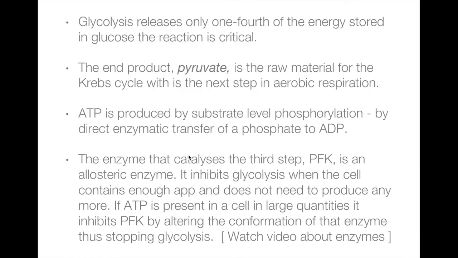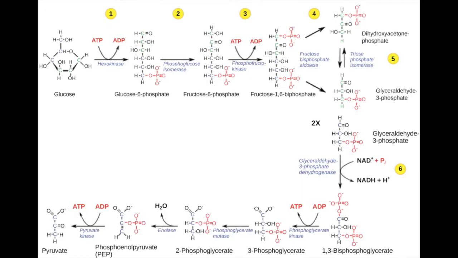First of all, during glycolysis, ATP is produced by substrate level phosphorylation. That means by direct enzymatic transfer of a phosphate to ADP. Why is that? Because glucose is an energy-rich molecule, but does not react easily.